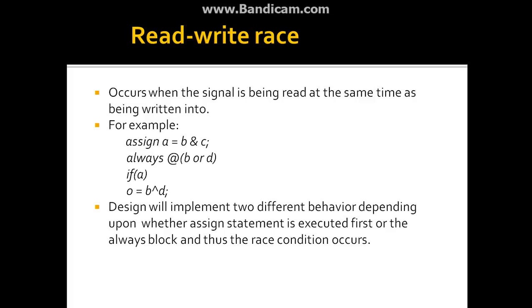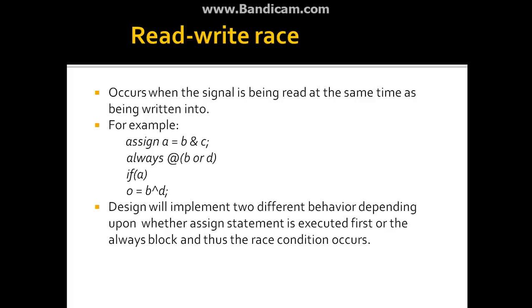The if statement in the always block will see the updated value of A if the assign statement is executed first. On the other hand, the if condition will see the old value of A if the always block gets executed first. Depending upon which of the two behaviors is chosen by the simulator, we might get different behavior. Thus, this code segment represents the race condition.